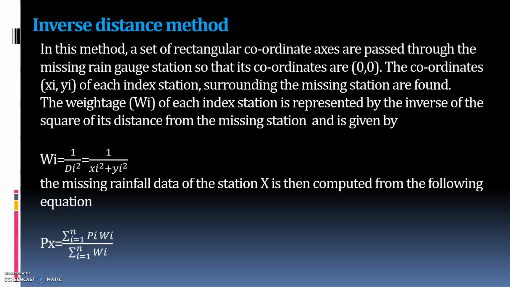The weightage, that is wi, of each index station is represented by the inverse of the square of its distance from the missing station and is given by wi equal to 1 divided by di square, that is equal to 1 divided by xi square plus yi square. The missing rainfall data of the station X is then computed from this formula: Px is equal to sum of Pi wi divided by sum of wi.